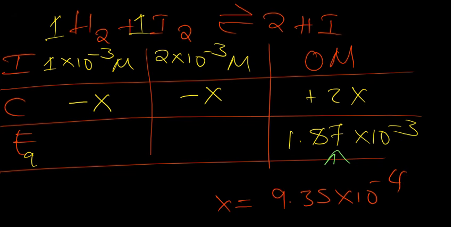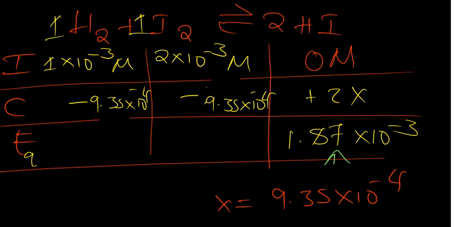So what is our value of x? Since these are minus x, we can substitute there the value of x: 9.35 times 10 to the power negative 4.